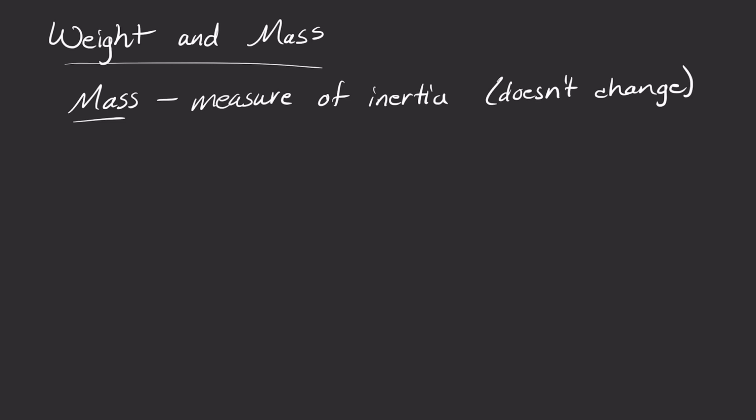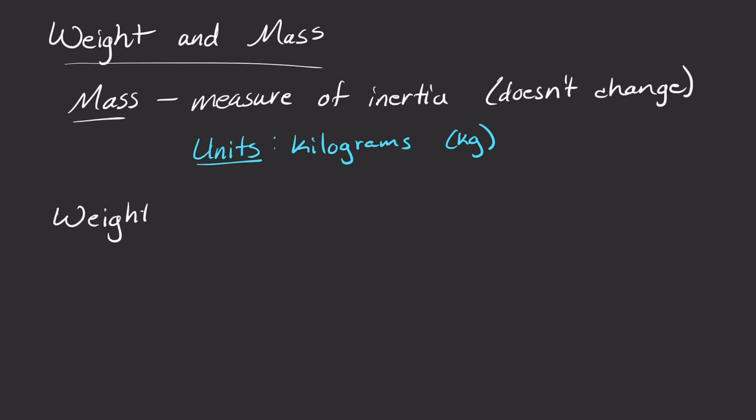Okay, your mass never changes. In a lot of classes like physical science or chemistry, you may have learned that mass is how much stuff you are. So how many atoms an object has is its mass if you added them all up. And mass is measured in units of kilograms. And it's something that never changes, while your weight is slightly different.